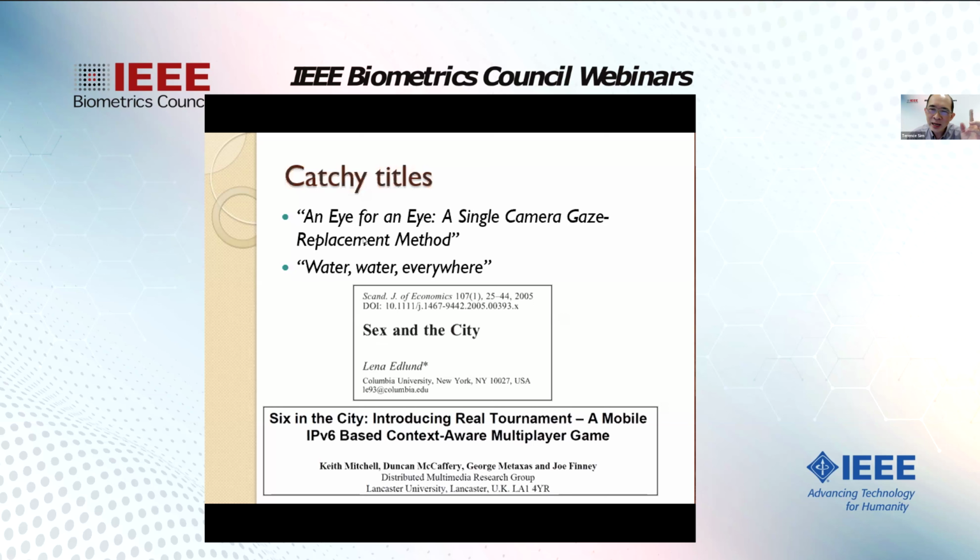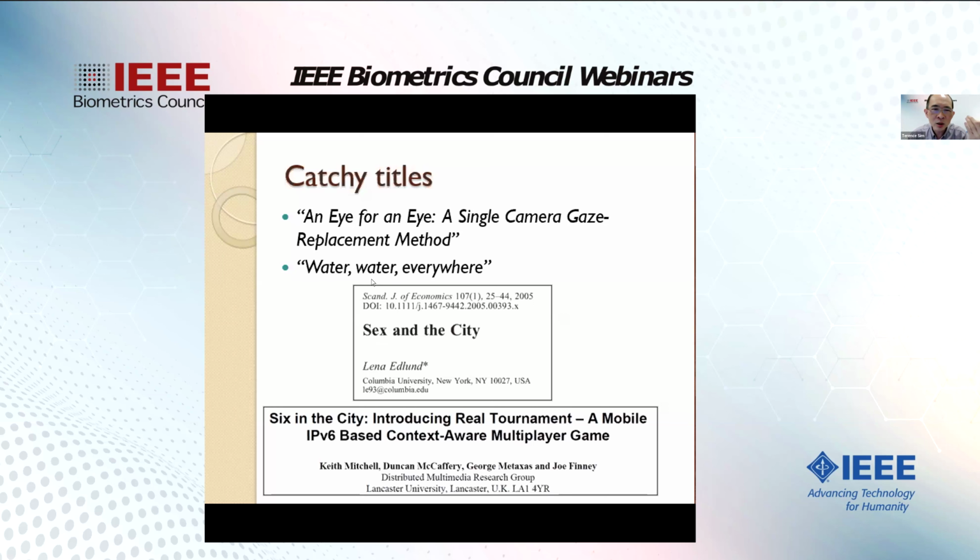So an eye for an eye, the mechanical eye for a human eye. This is very clever. And of course, we know it's an English proverb, an eye for an eye, a tooth for a tooth. So this is a really good title.